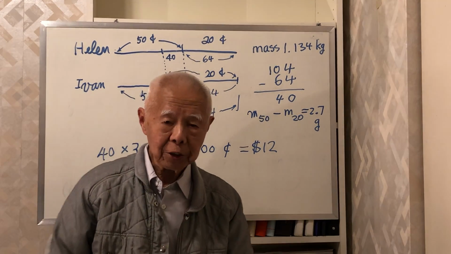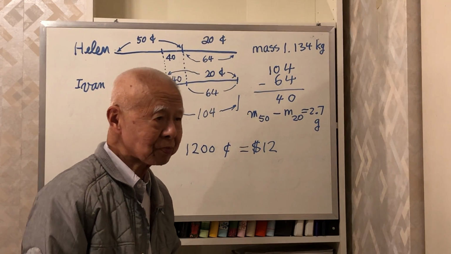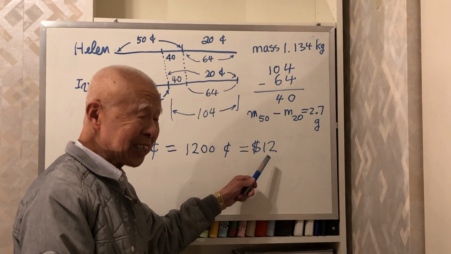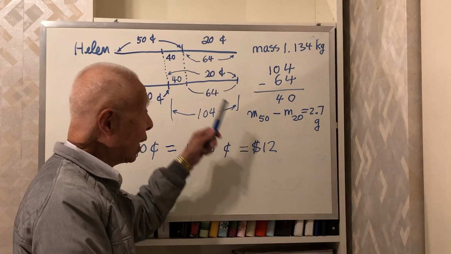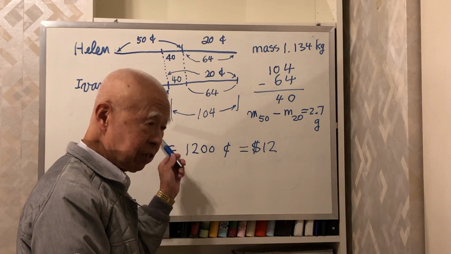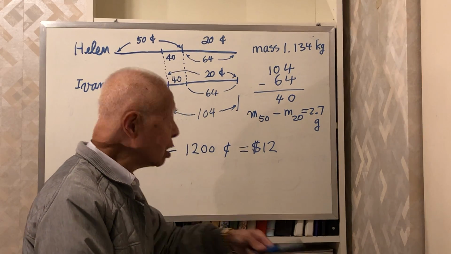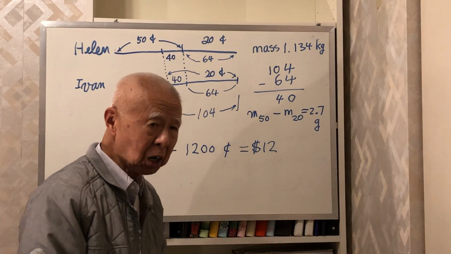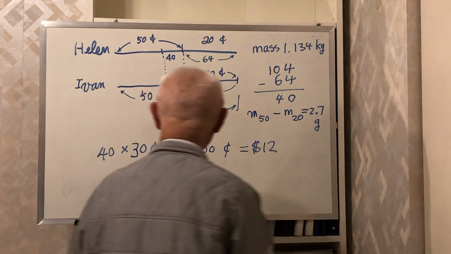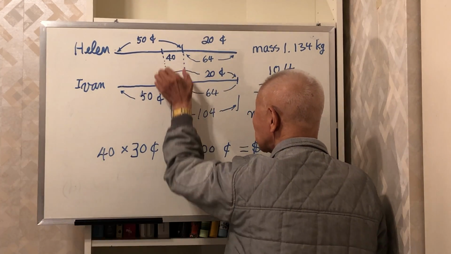Are you all right with this argument? The $12 difference is that Helen has more money than Ivan. How much more? It's $12 more. You just consider this part and this part.